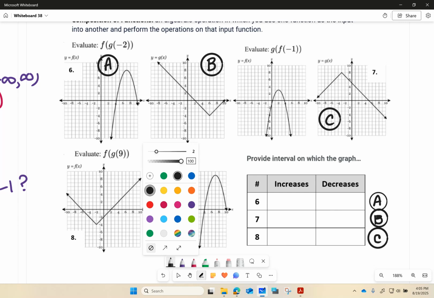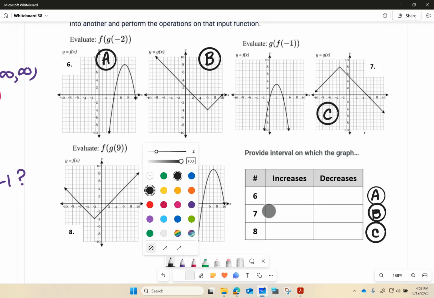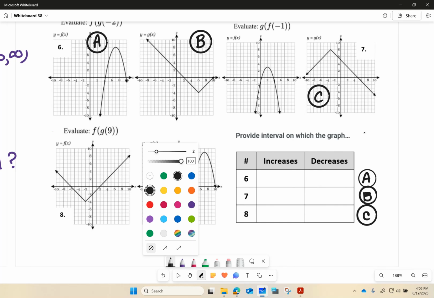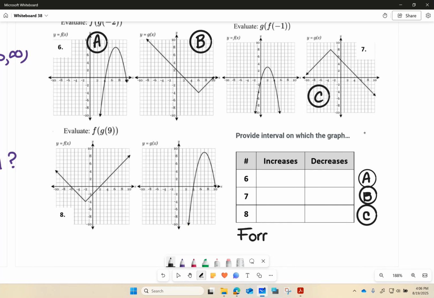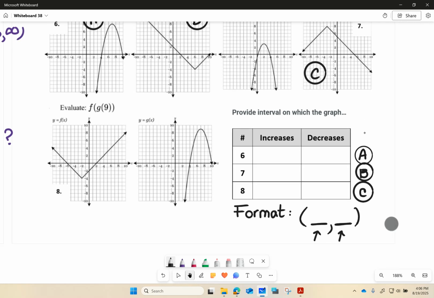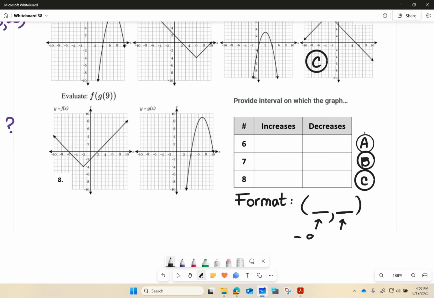Okay? So when it comes to increase and decrease, here's the format that I always want you to know. The format is always going to be one where you will always have parentheses with a comma, and the values you put here are either going to be a negative infinity, a positive infinity, or an x value.